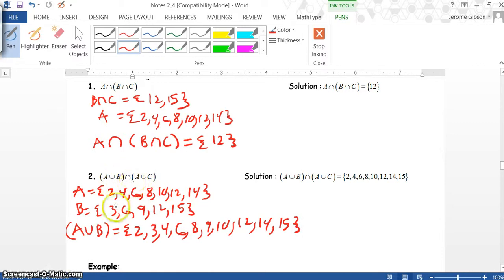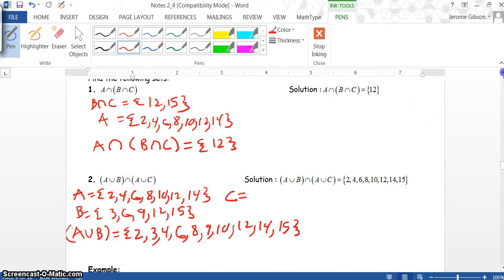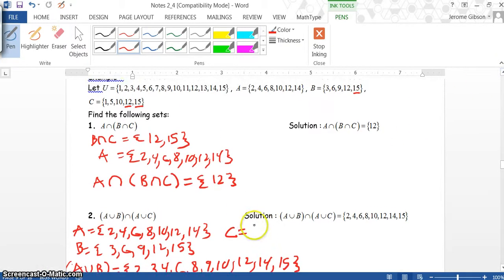That's A union B. Now we look here at A union C. Now we can write C over here. C is the values of 1, 5, 10, 12, and also 15.